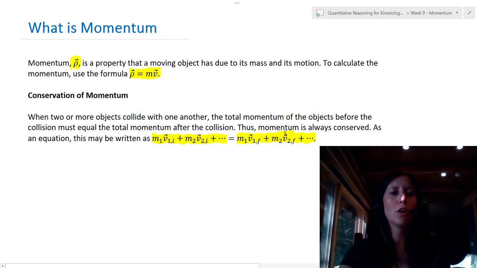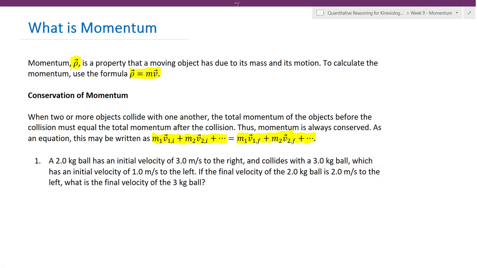Okay, so we're going to use conservation of momentum to solve all of these problems today.